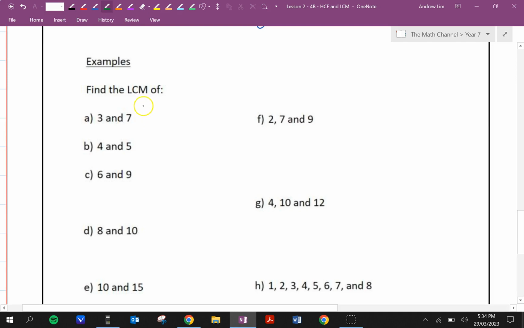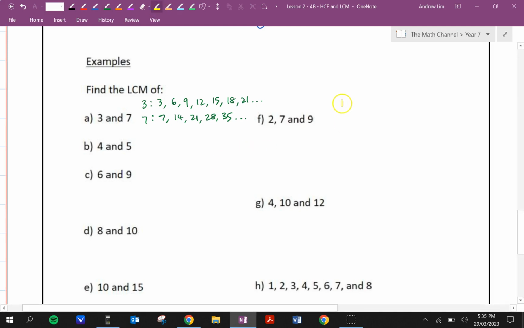You could write down all the multiples of 3. 3, 6, 9, 12, 15, 18, 21, etc. And we can do it with 7 as well, right? 7, 14, 21, 28, 35, etc. The problem with this is that it goes on forever, because there is an infinite amount of multiples. We want to find the smallest number in both of these lists of multiples.